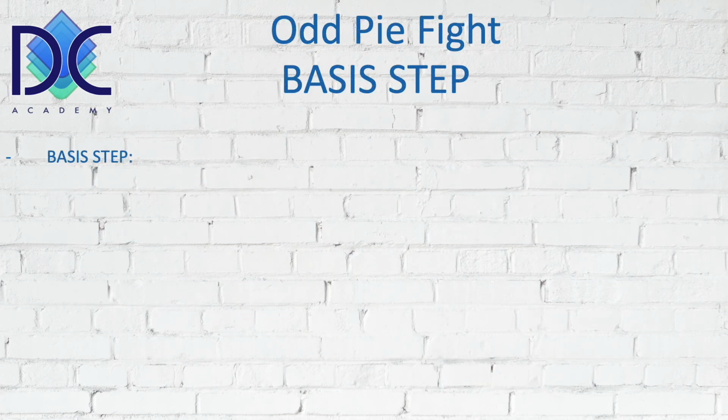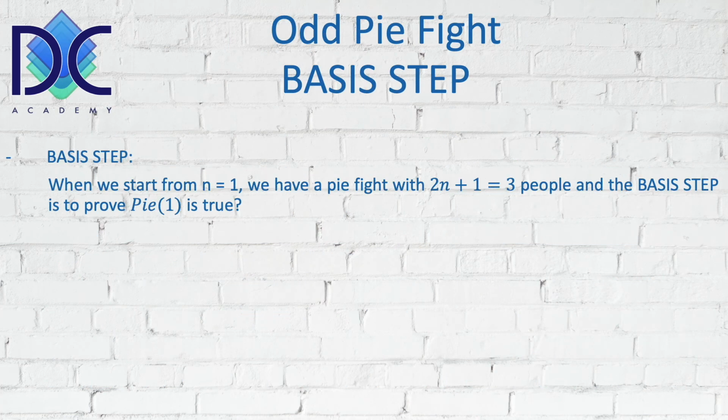Let's look at the basis step. The basis step is when we start from n equal to 1. We have a pie fight with 2n plus 1, basically 3 people, and the basis step is to prove that P(1) is true. So I made the statement P related to the pie fight.